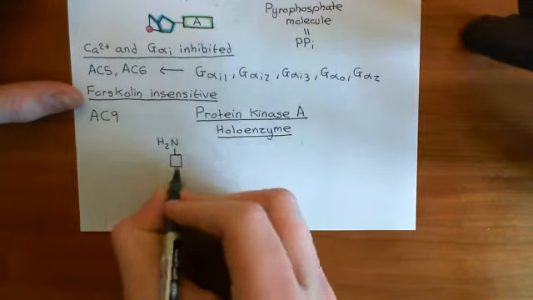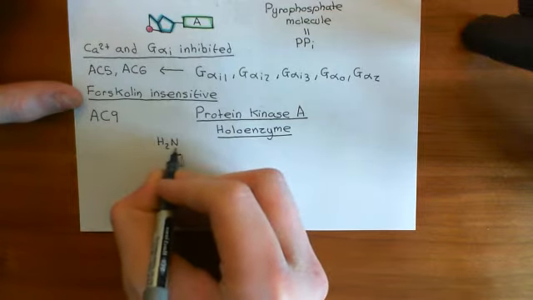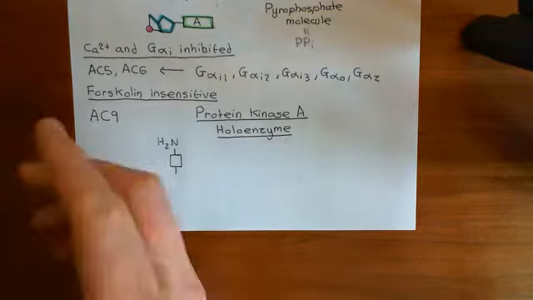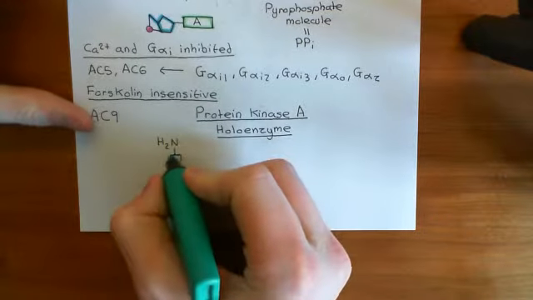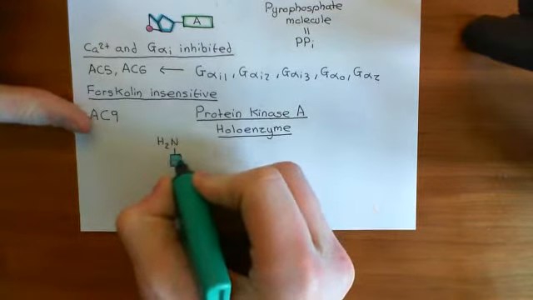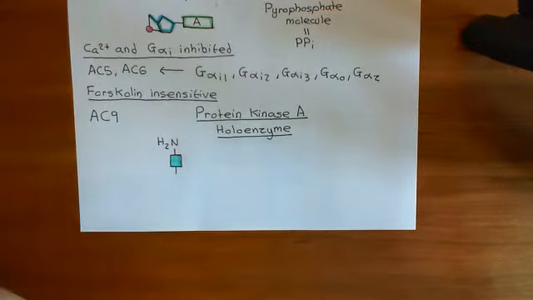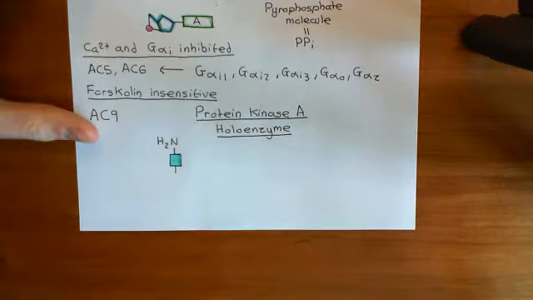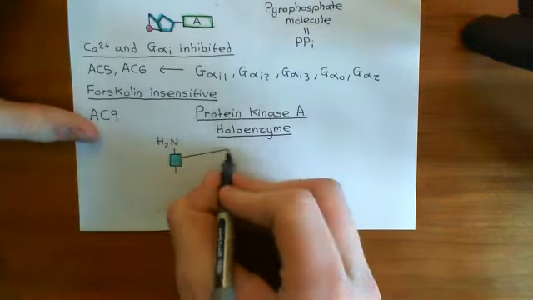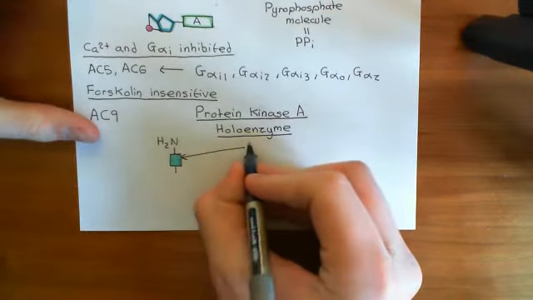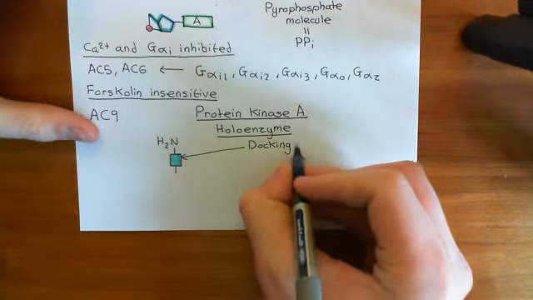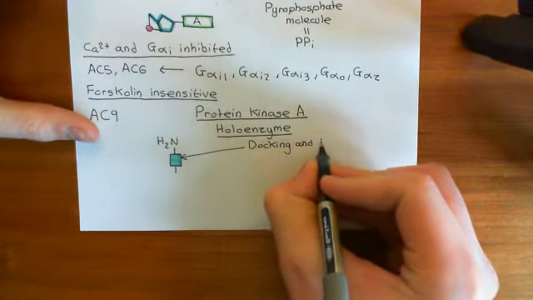Here's the amino terminus of a regulatory subunit polypeptide. The first important domain at the amino side of the polypeptide, which I will colour in turquoise here, is known as the docking and dimerization domain. So this turquoise domain is called the docking and dimerization domain.